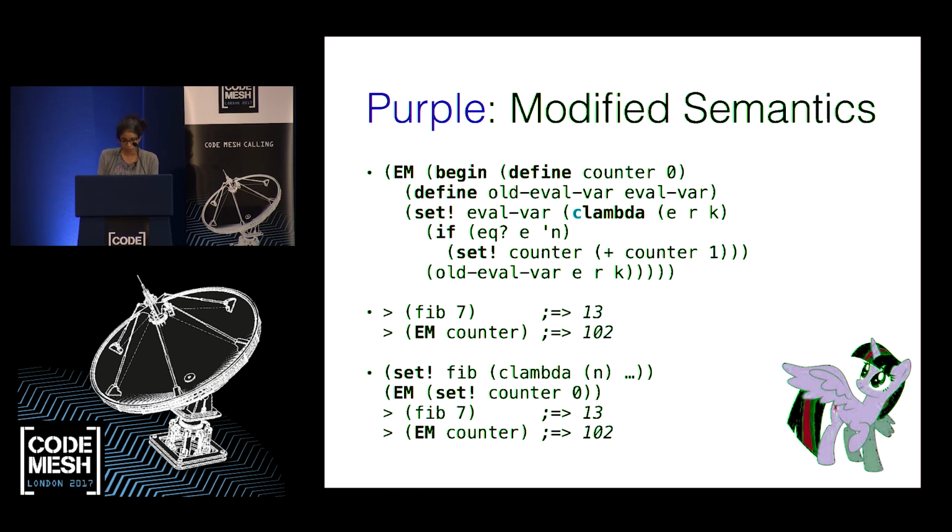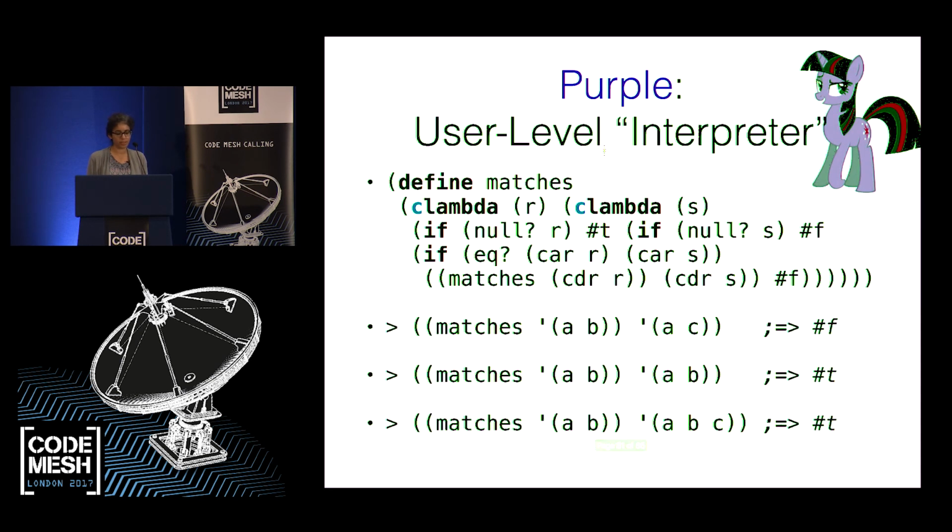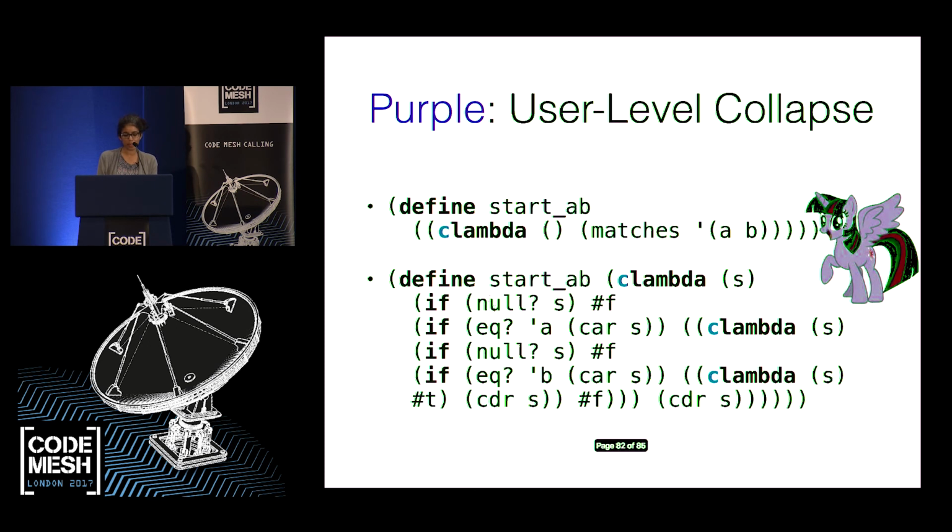OK, and just to recap, you've seen this earlier example with the modified semantics. What's interesting is that in Purple, the levels are not really clearly delimited when we do this compilation anyway. So even if we define a compiler at the user level, say a very simple string matcher, then we end up generating code that looks like we've compiled that string matcher.